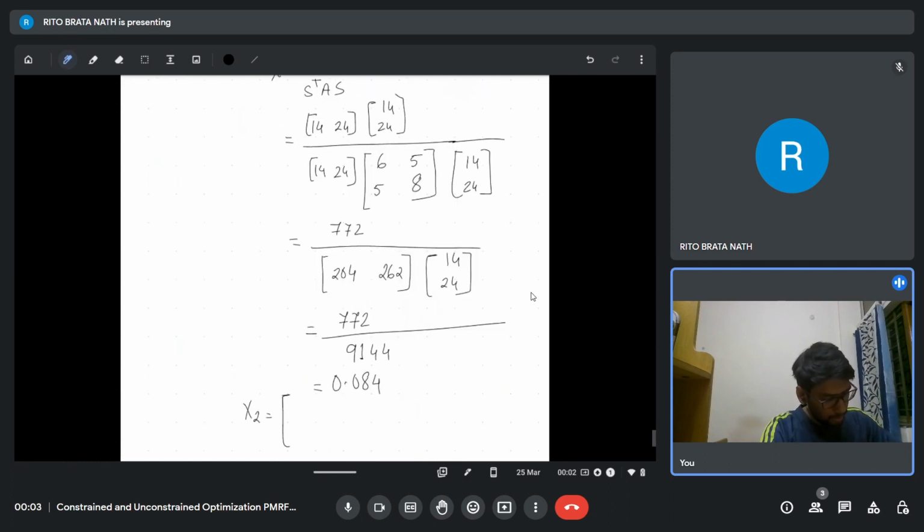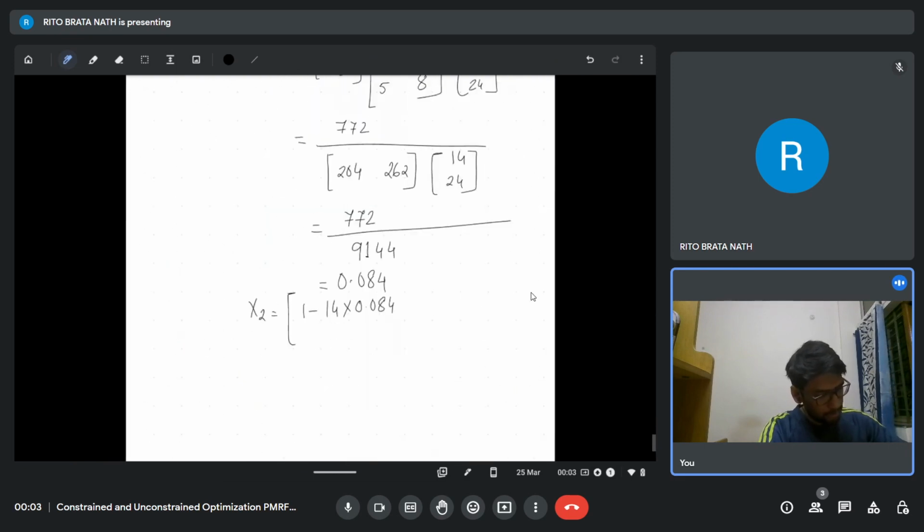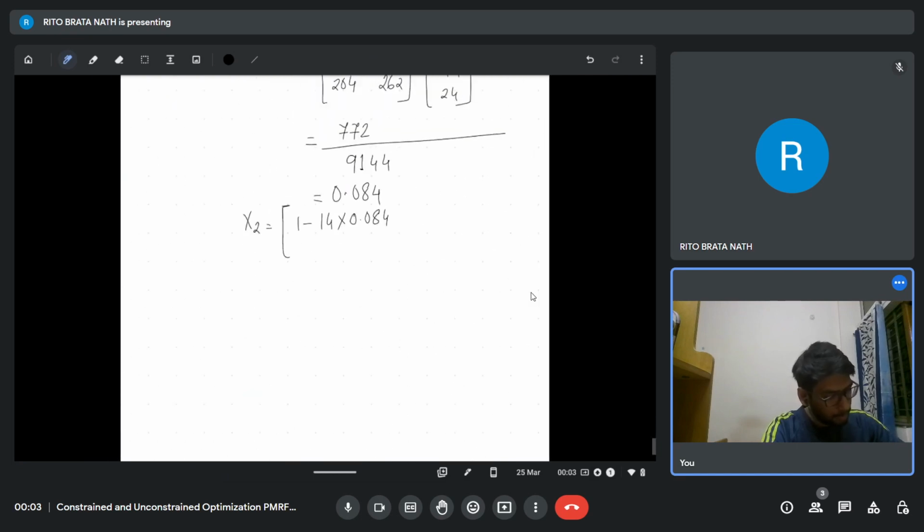So x2 is 1 minus 14 lambda and 2 minus 24 lambda, right? Okay, so that means your x2 is minus 14 times 0.084, and so on.